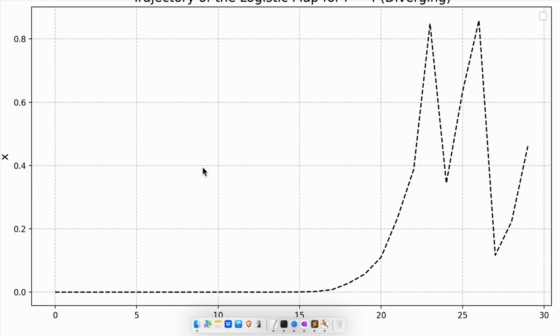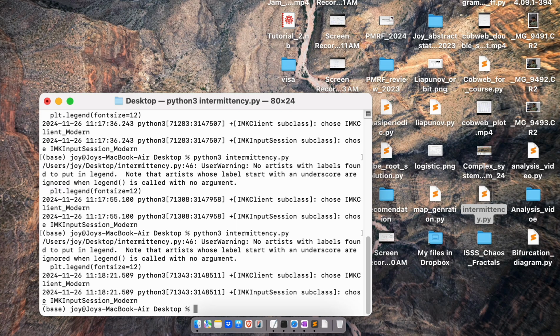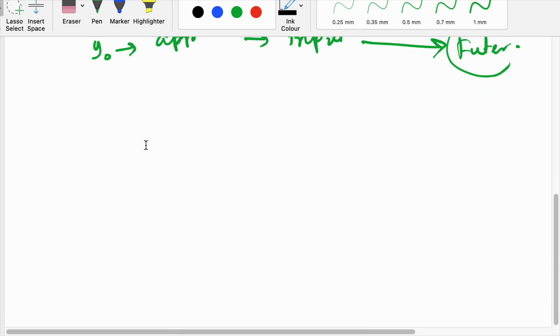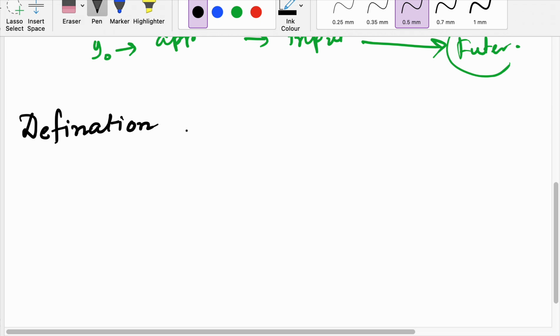So from here we get an idea of how we can define the sensitive dependence on initial conditions. So let's go towards the definition.